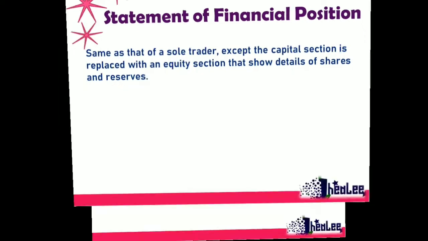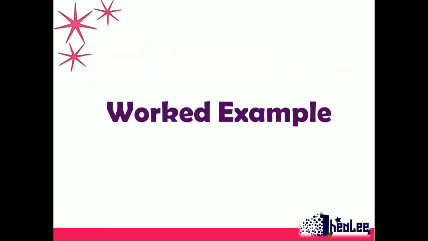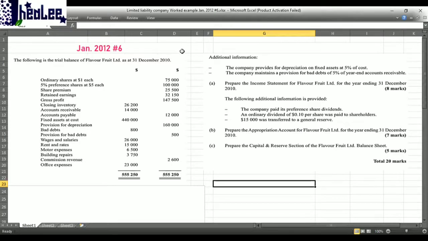Now we're going to take a look at a worked example, and that question is taken from January 2012, number 6. And the question reads, the following is the trial balance of Flavor Fruit Limited as at December 31st, 2010. You're presented with a list of balances.